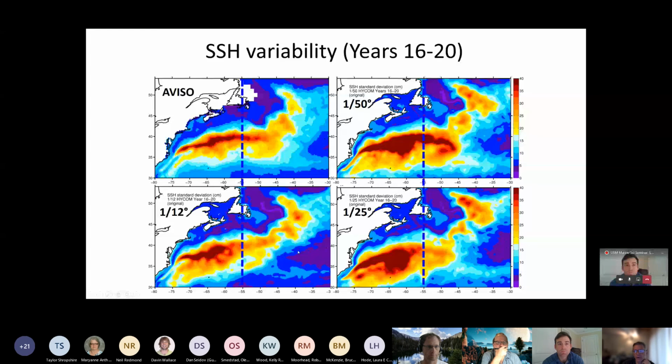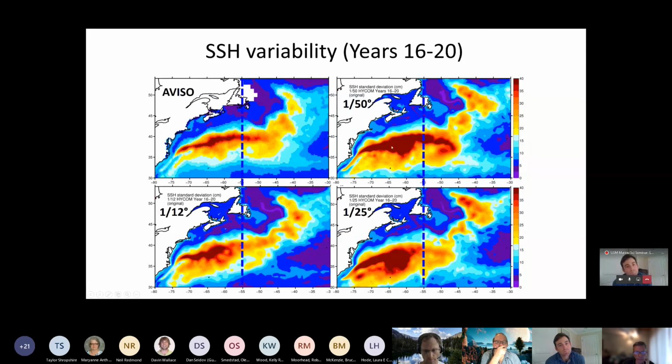By the way, the simulations were integrated for 20 years, and we show the time average over the last 5 years of the integration. So what you see is the 1/50th degree, as far as the extension looks pretty good, but you have kind of a big blob, and it looks much bigger than the observations. 1/12th degree is confined west of the New England seamount, same thing for the 1/25th degree.